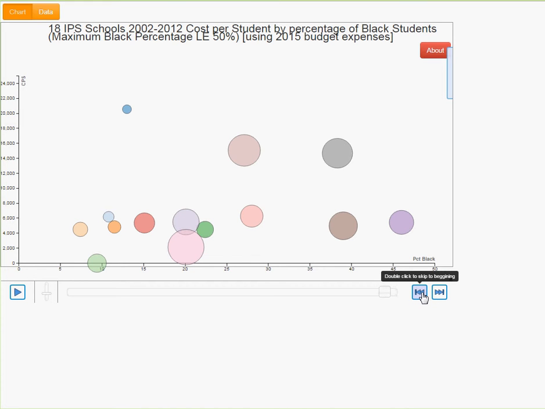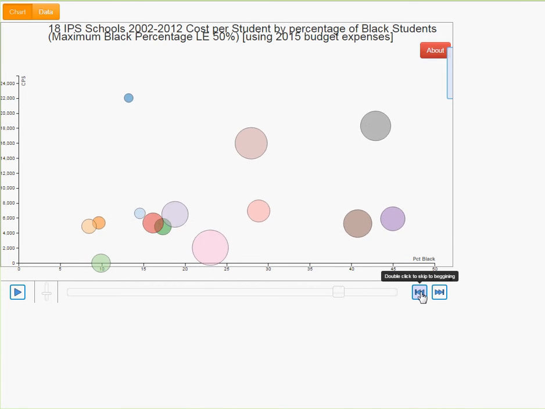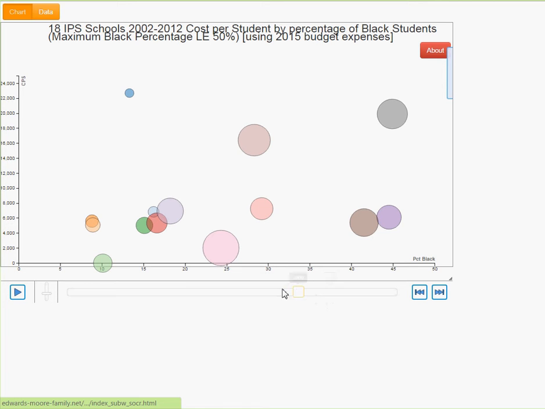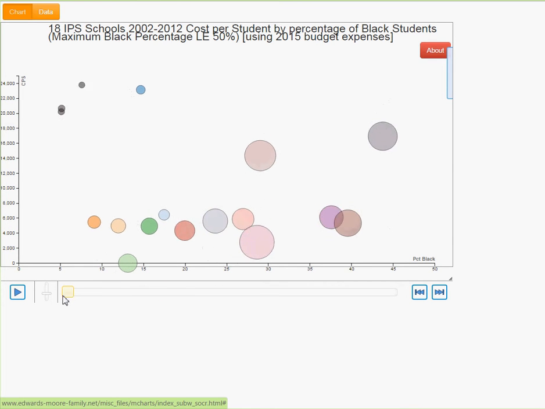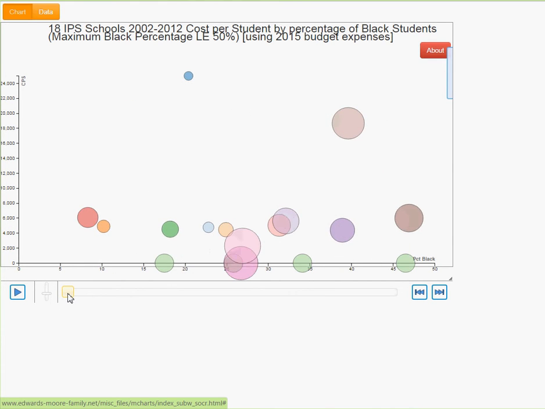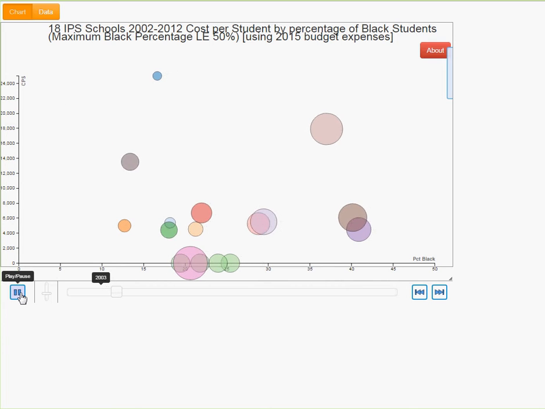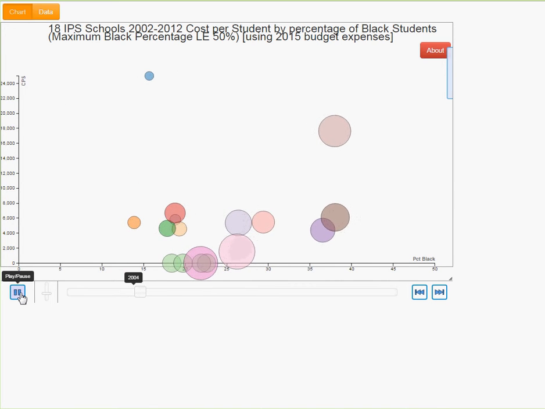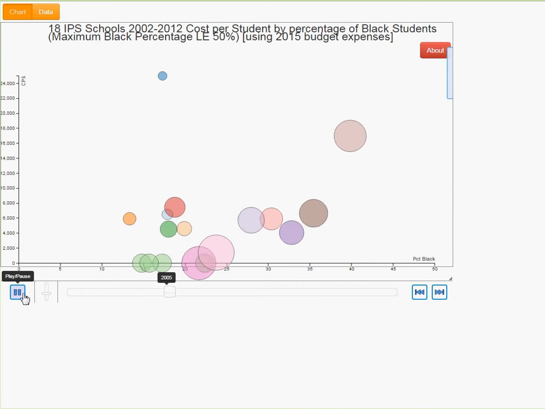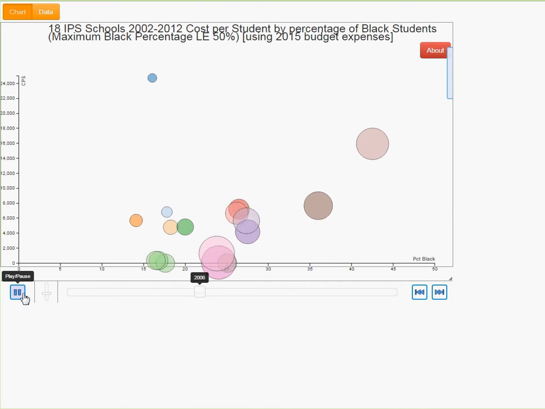okay, double click to go back to the beginning. The motion is taking these statistics through the time period from 2002 to 2004. As you can see, you can drag this thing down here. So here's 2002, 2003, and you see new schools coming in and what their actual cost per student is.